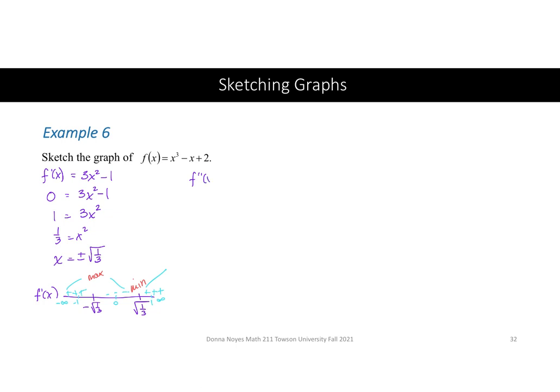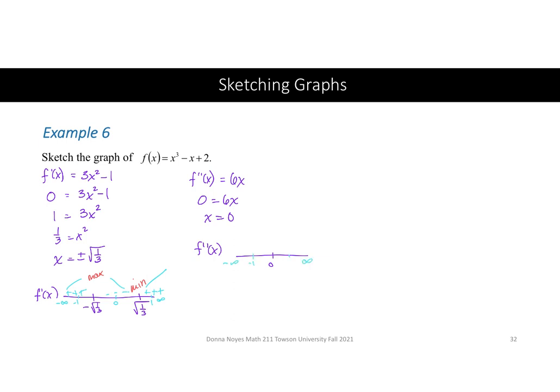So f double prime of x would be the derivative of 3x squared minus 1, which is just 6x. And we set that equal to 0, and that's just where x is 0. So when we look at our number line for f double prime of x, literally our only inflection point is 0. Still going from negative infinity to positive infinity.